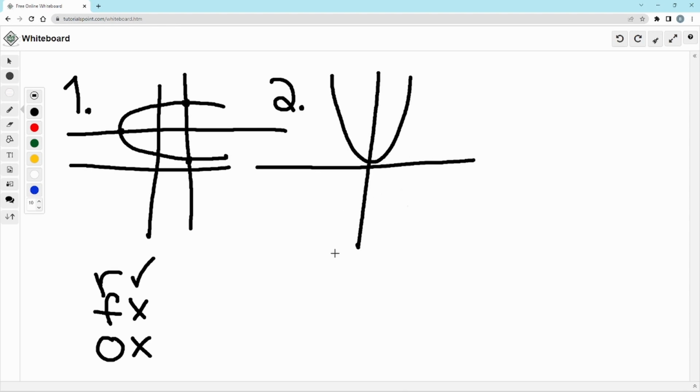Alright, I want you to pause the video and tell me if it's a relation, function, or one-to-one function. Alright, let's see. Well, it has to be a relation, as we've already gone over, and let's see if it passes the vertical line test.